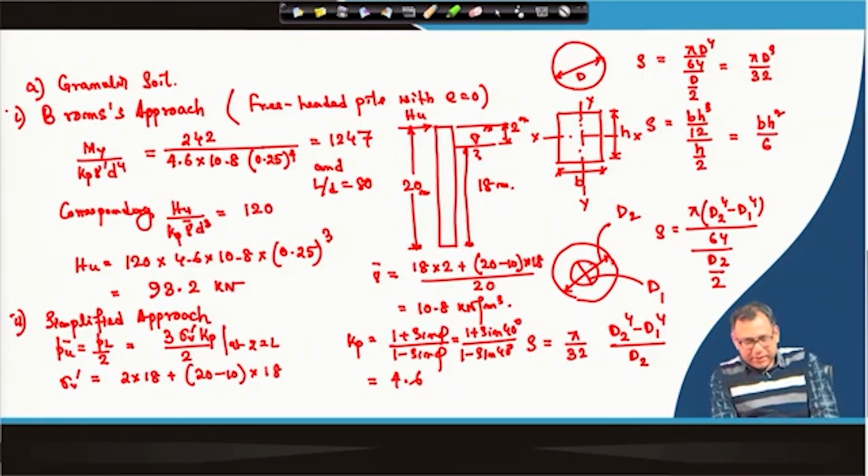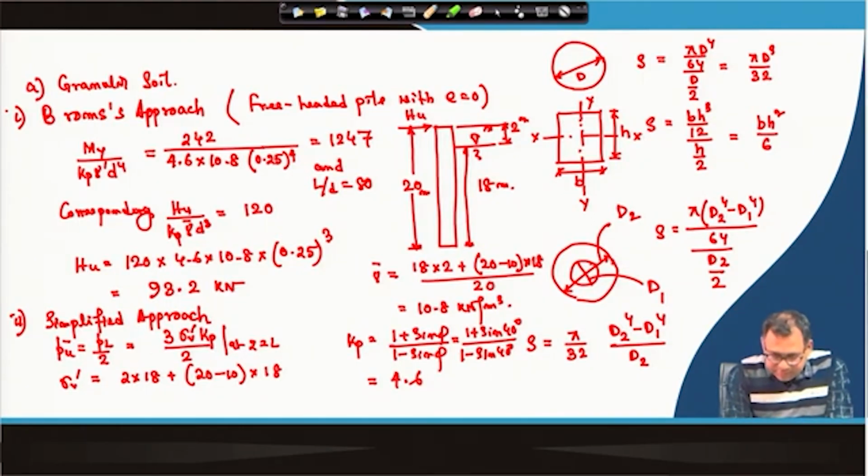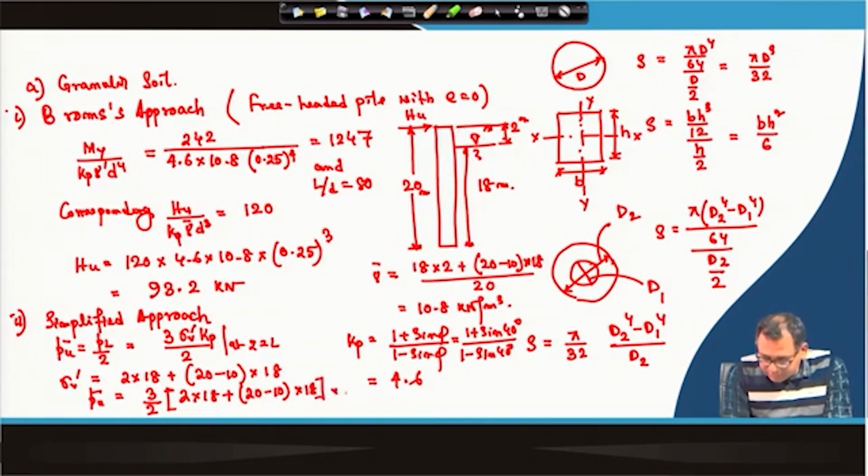Okay. And PL is 3 into sigma V dash Kp. So, now if I calculate Pu bar, I will get 3 divided by 2, sigma V bar 2 into 18 plus 20 minus 10 into 18, and Kp is 4.6. Okay.